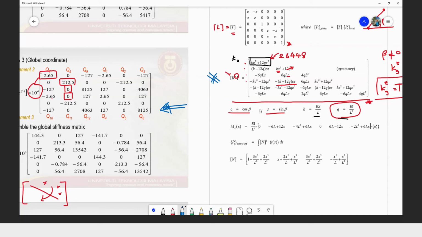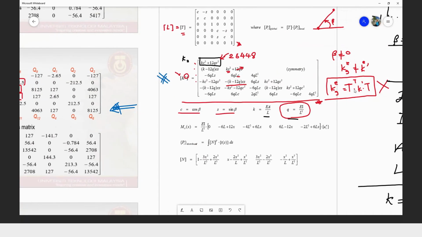The whole process of multiplication that we did, as a transformation multiply by K in the local coordinate system and then multiply again by the transformation matrix, is a very huge process. We have simplified it by providing you this equation, which is in the element stage, but it's already written in the global coordinate system.